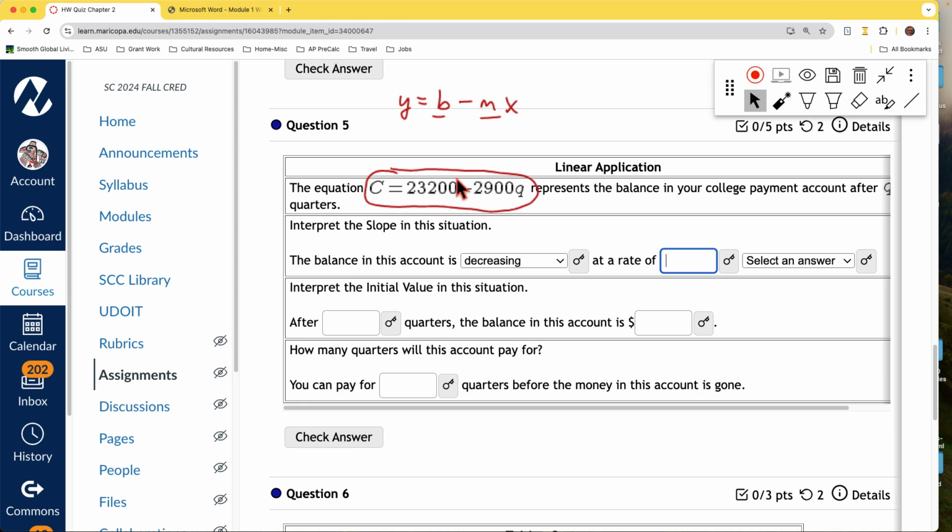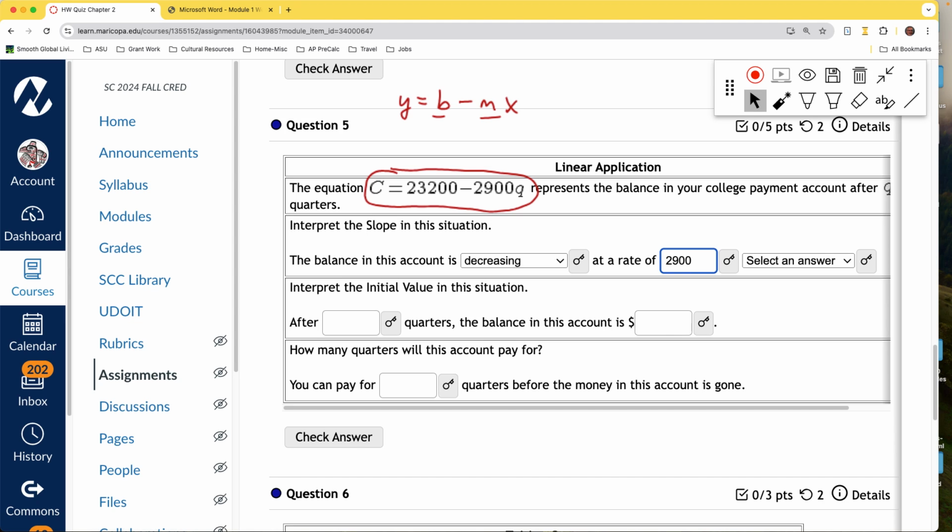So the rate is the number in front of the variable. Now be careful, it's a negative slope, but when we say it's decreasing, we actually put a positive value in here, because otherwise you get a double negative. If they ask what the slope is, we would say negative 2,900.